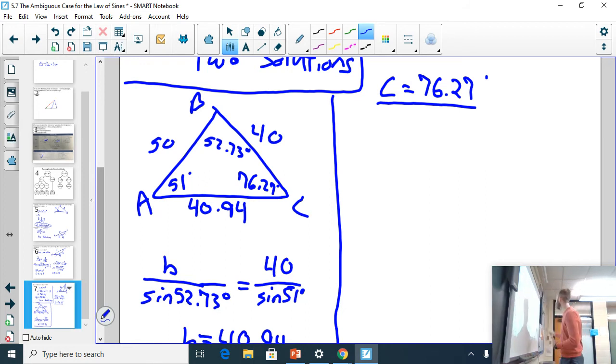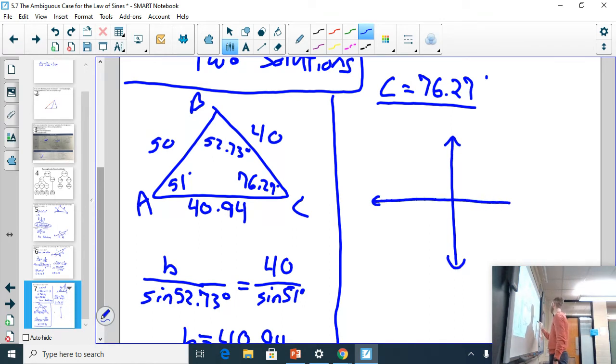So if I'm thinking here, 76 degrees is probably about that on a graph. And the other way that the sine of C would be the same is if we had the same reference angle, so it would mirror that there.